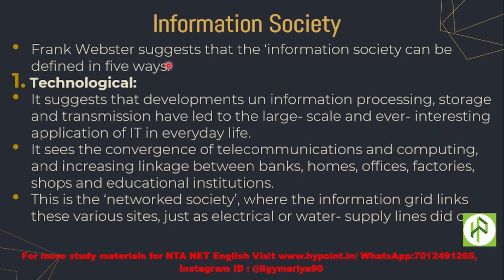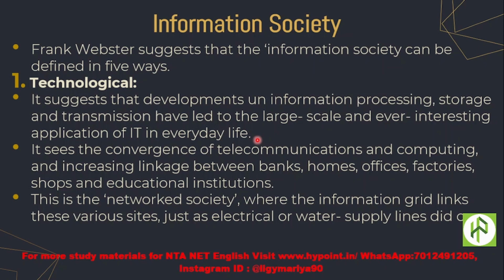First one is technological. It suggests that developments in information processing, storage and transmission have led to the large scale and ever increasing application of IT in everyday life. We all are using IT.